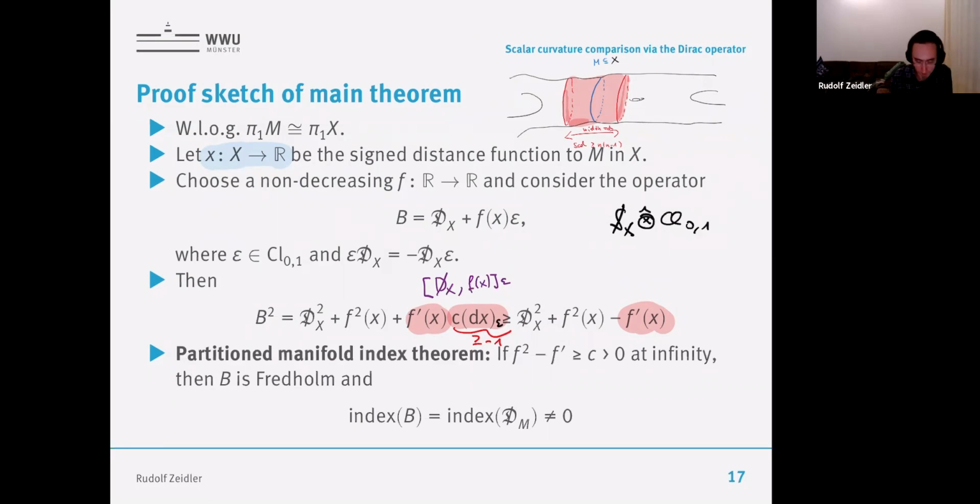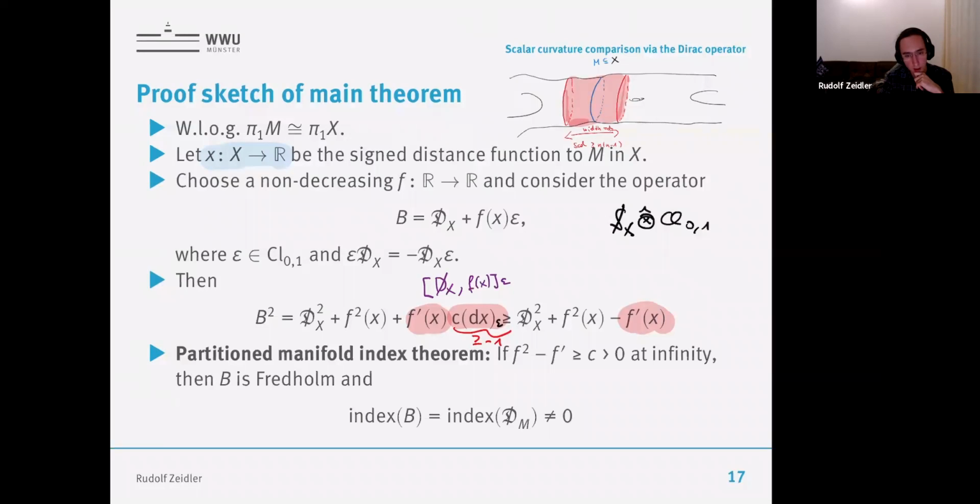I didn't mention this here, but of course, if you twist it with a flat bundle, even if that's a bundle of Hilbert modules, this carries through, and it's going to be Fredholm in the right kind of sense. And you have an index theorem for this situation, which I think it makes sense to call the partitioned manifold index theorem, although there are many variants of this.